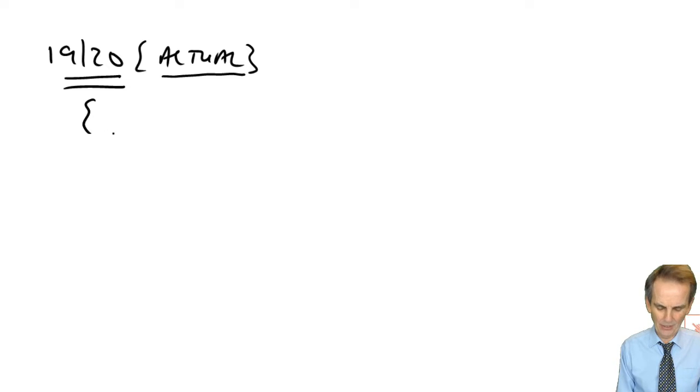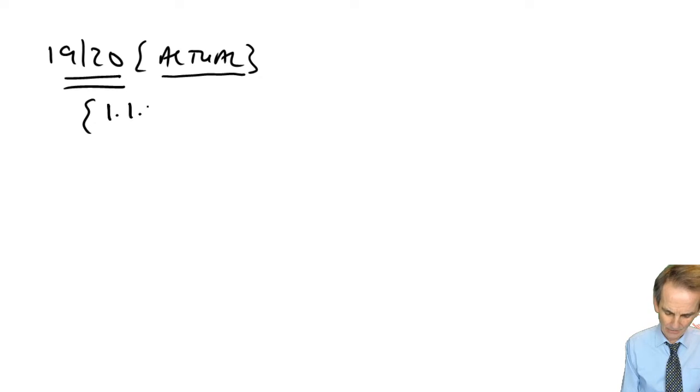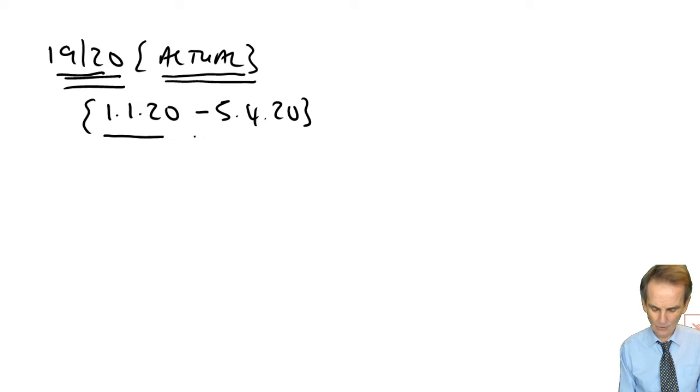So if it's a Section C question, I'm telling the examiner, in my workings, I know the first tax year, I know the basis of assessment. I then define the basis period, i.e. what does actual mean? It means from your start date, 1st of January 20, through to the following 5th of April, which is the 5th of April 20. So I've got my tax year, my basis of assessment, and my basis period defined.